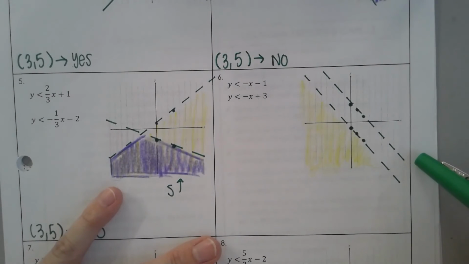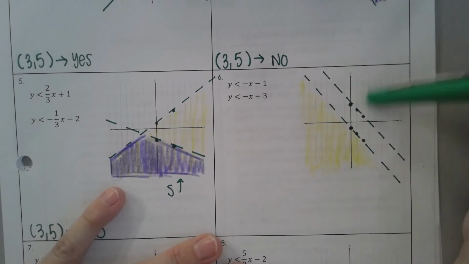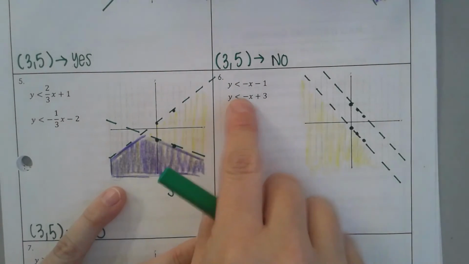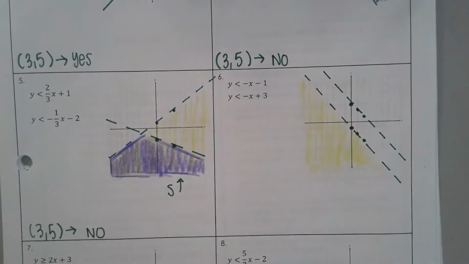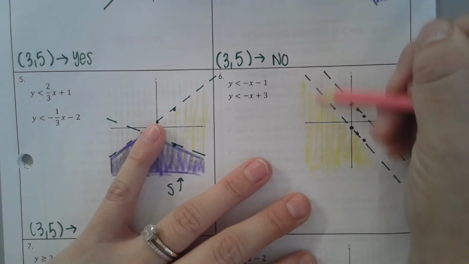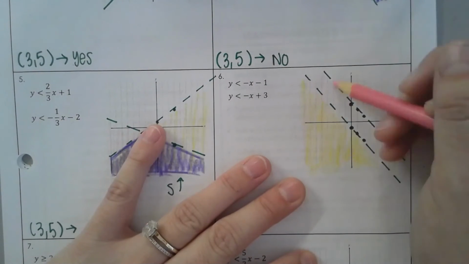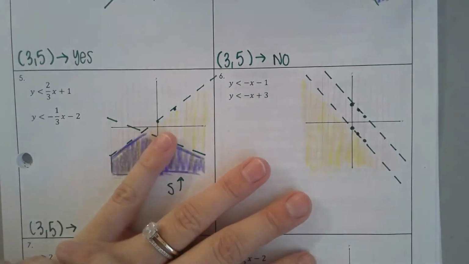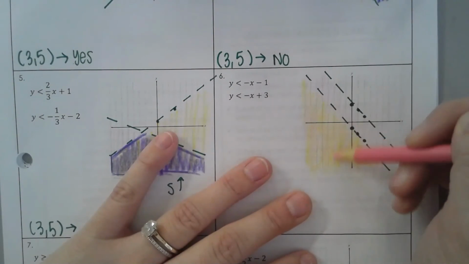What would make this one have no solution? If this one was shaded above, there would be no overlap. But it's also less than. So we shade below this line. And there is overlap here.